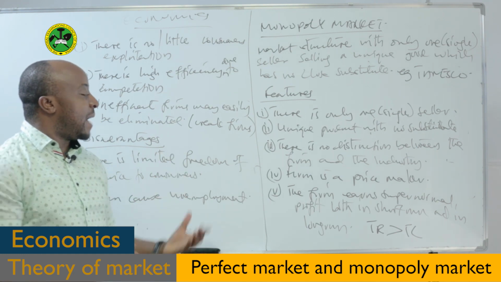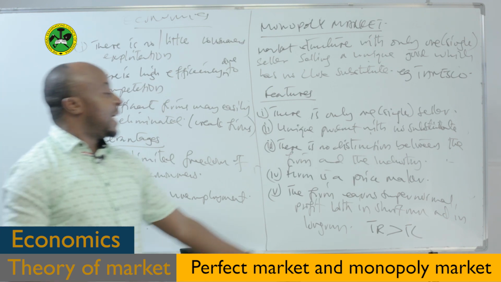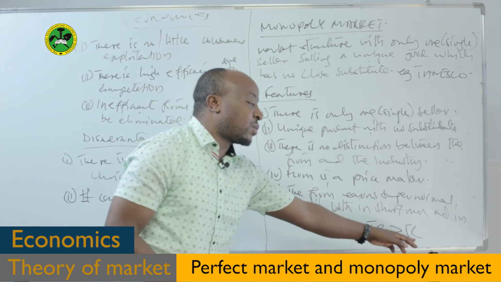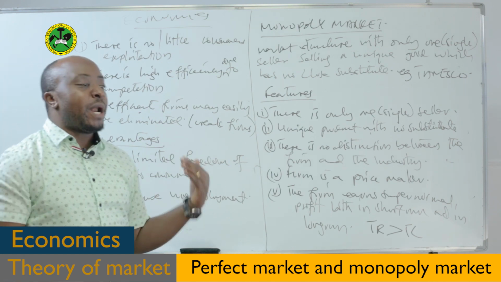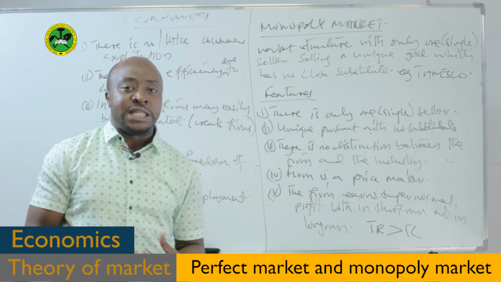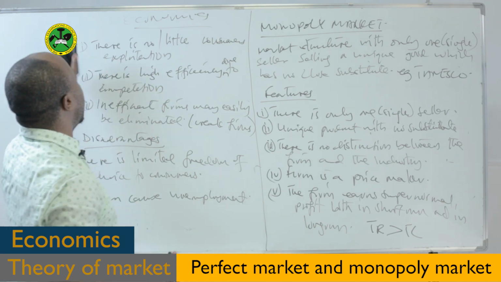So because of that power, you find all the time the monopoly will create total revenue being greater than total cost. For that case, this firm will be getting supernormal or abnormal profit. This is one of the features of this market structure.